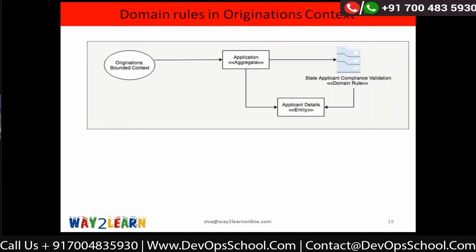For example, whenever somebody is applying for a loan in our originations module, based on the state he belongs to, we want to do some compliance validations on the applicant. So there might be some logic to apply some compliance rules, right? Such logic can be written in its own class, and it helps our aggregate in applying some business rule. So we have to identify such domain rules and write the logic.